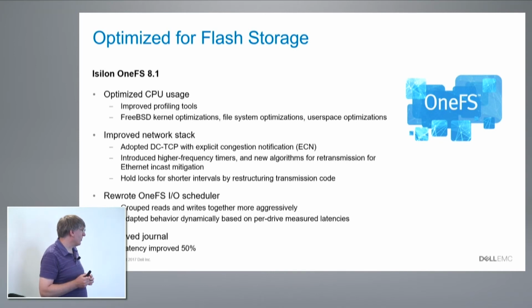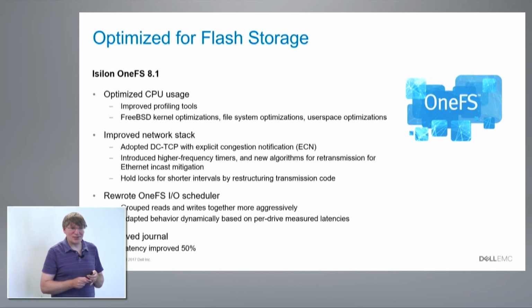That also has a couple of other advantages that I'll mention in a second. The other thing we did in the I/O scheduler is we discovered that SSDs in particular changed their latency profiles quite a bit over time. Our suspicion is that has to do with things like garbage collection and wear leveling happening in the background.